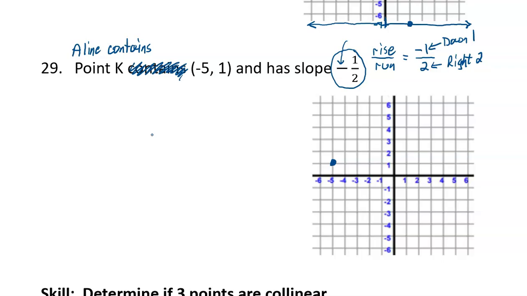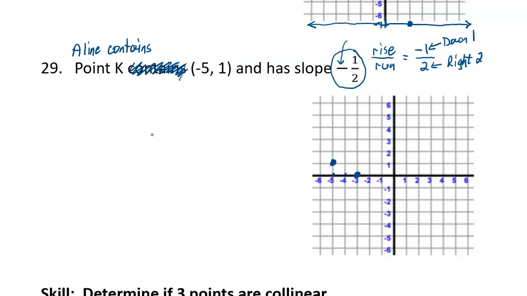So -1/2 is -1 over +2. Down 1, over to the right 2. Okay, go to that blue dot. Put your pencil right on the dot. Count down 1 square, and then right 2 squares. 1, 2. We end up right on the x-axis where the -3 is.